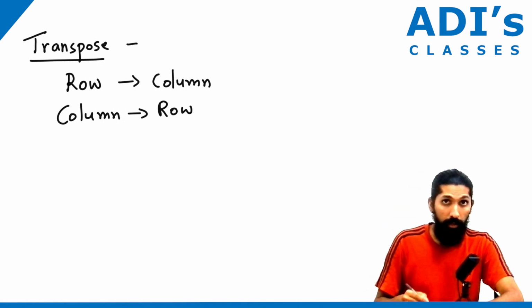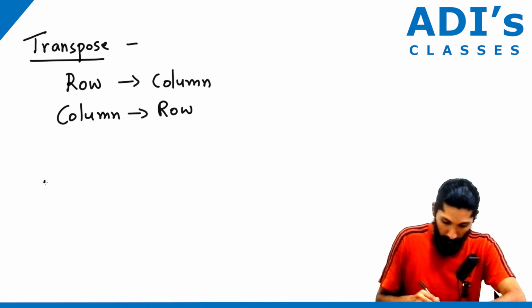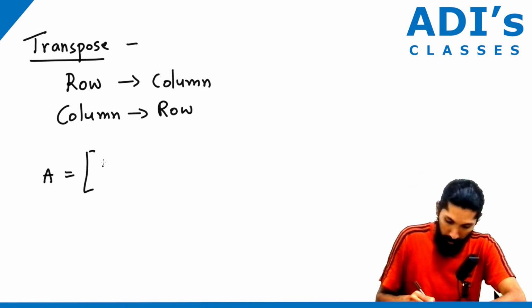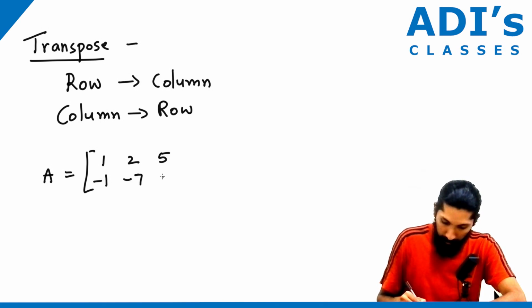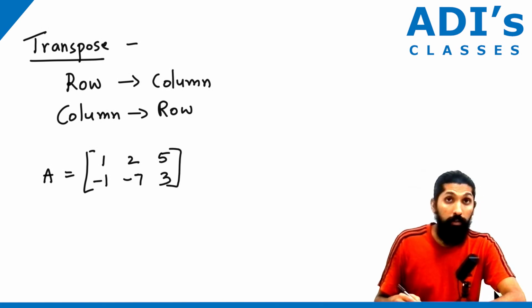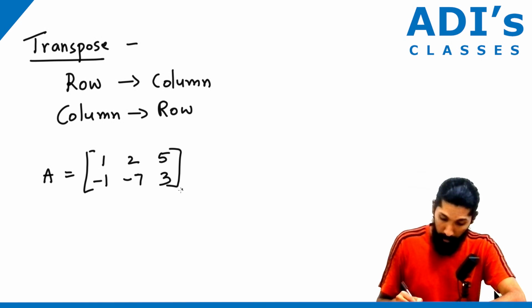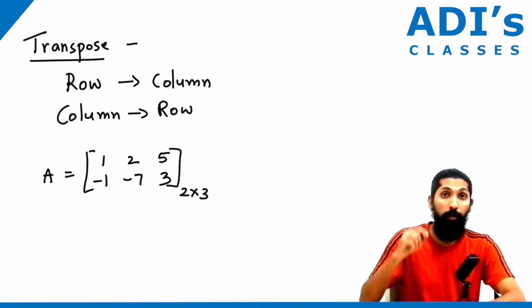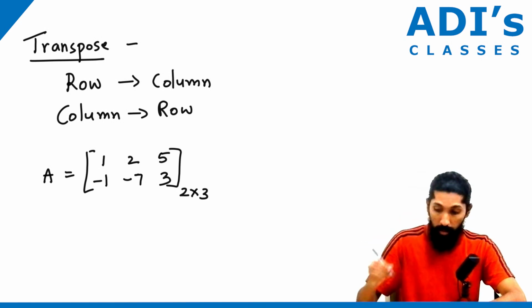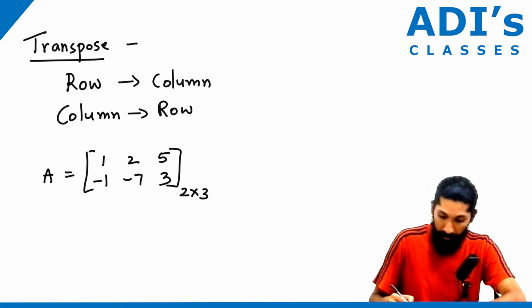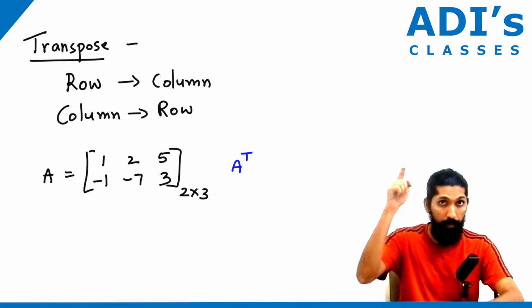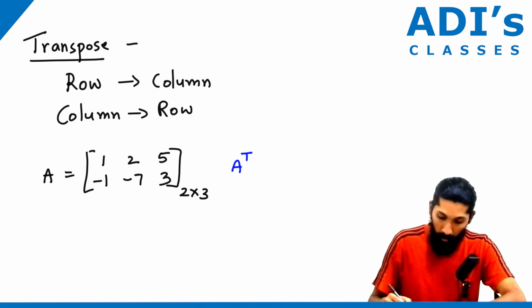Okay, so in a rectangular matrix, let's say I'm going to take 1, 2, 5, minus 1, minus 7 and 3. Now, the order of this matrix is 2 cross 3. Now, when we transpose, we write it as A transpose, A superscript T, or you can also say A dash.